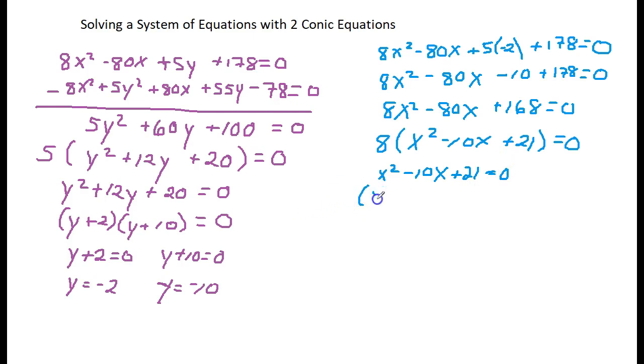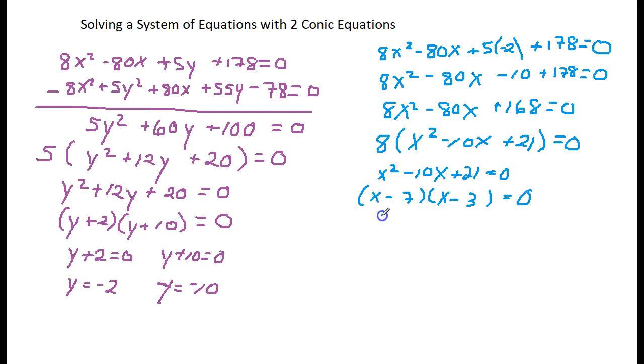Factor, I have x, x. This says I have the same sign, they're both negative. Numbers that multiply to give me 21, but when you add them, you get 10, are 7 and 3.